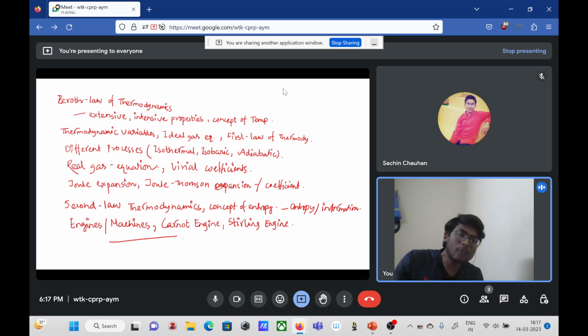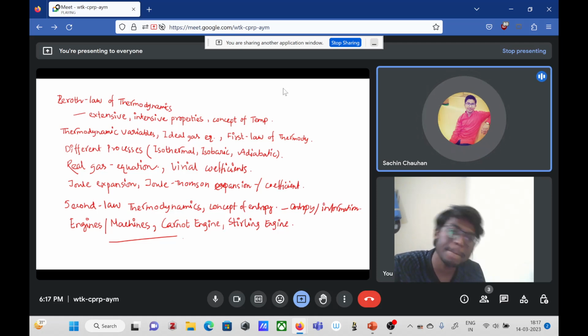By doing so, we have to do some work, and then we put a much larger amount of heat to the hot reservoir, like a refrigerator. So a refrigerator is a machine, not an engine, okay? It's a reverse of that, but it's a machine, okay? Is it clear, Sachin?